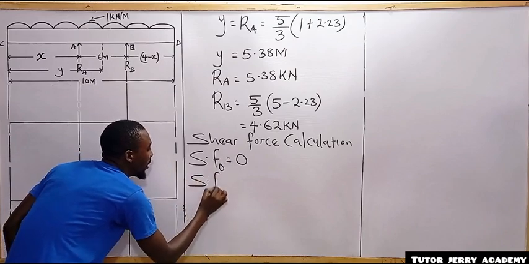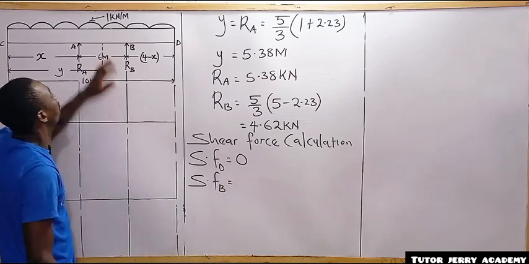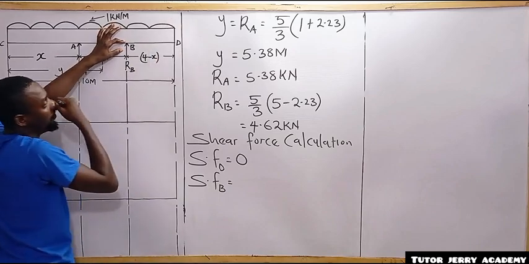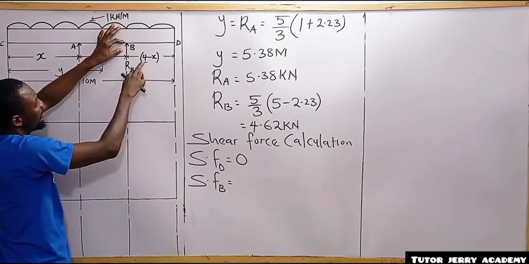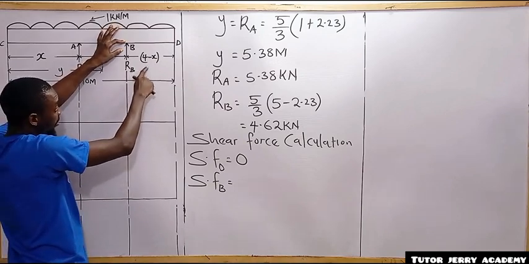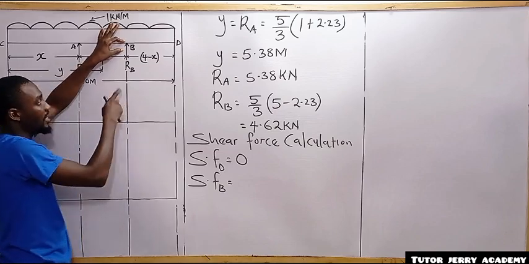Shear force at point B will be equal to, now mind you, you stand at point B, you have a uniform distributed load, which if we convert to a point load, here we have 4 minus s. X is 2.23. So 4 minus 2.23, though I don't write it here, but no problem.